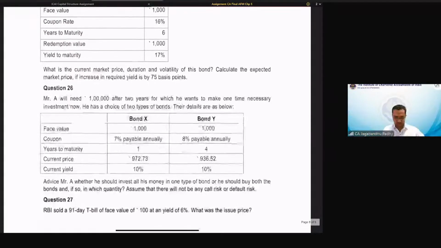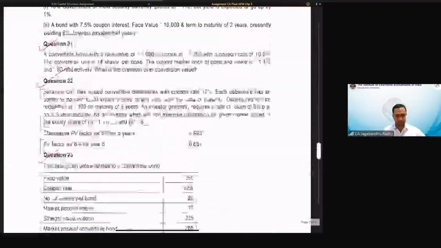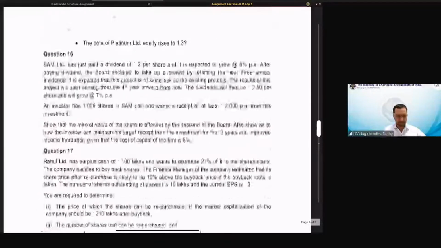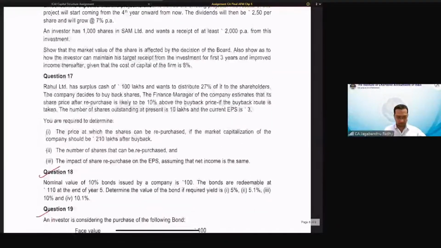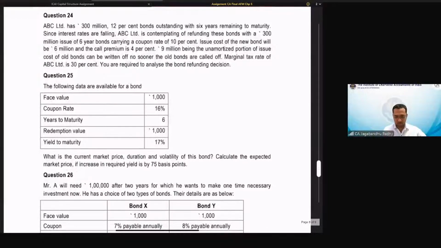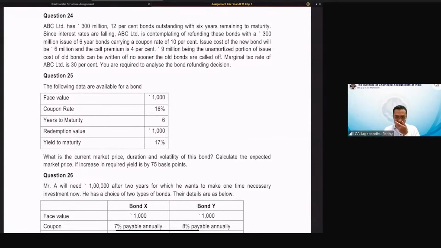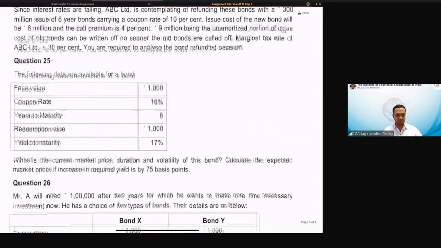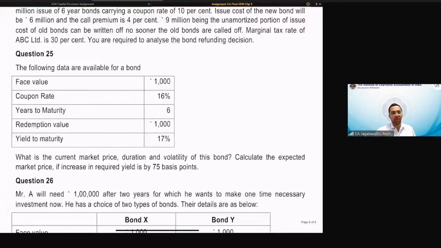Let's apply this to our question number 25, guys. The following data are available for a bond. Face value is 1000.